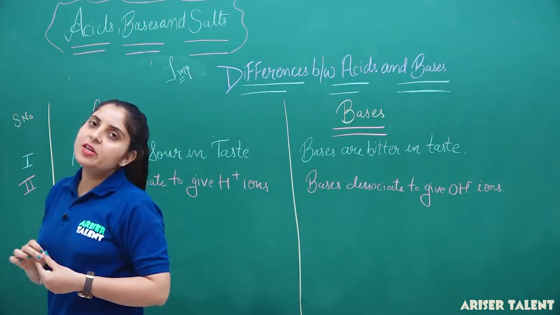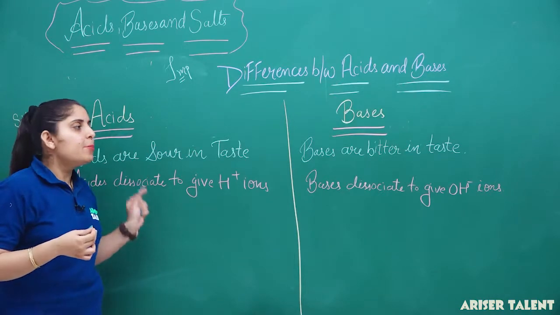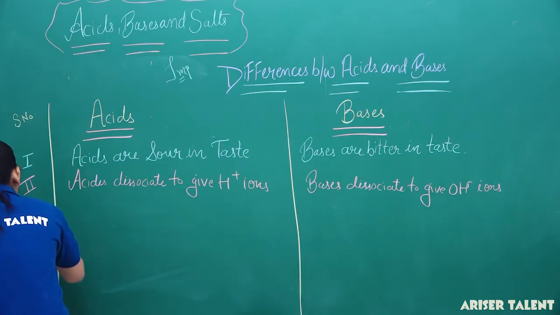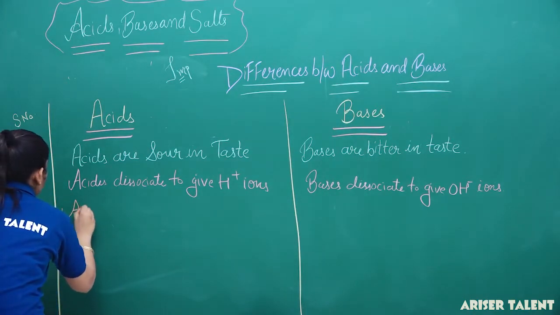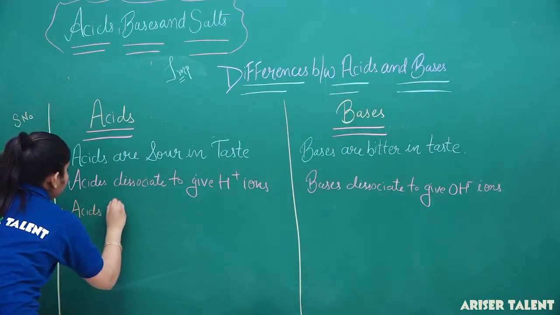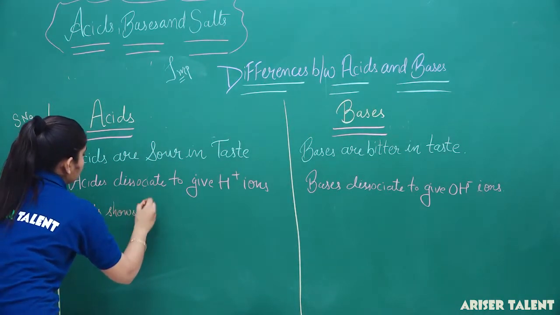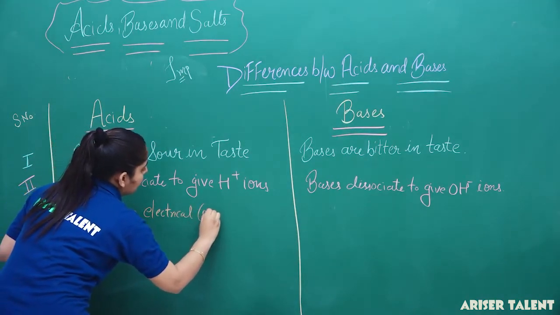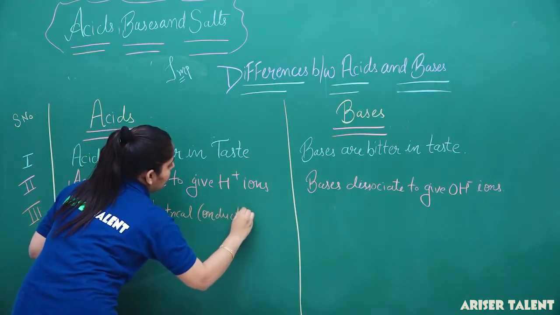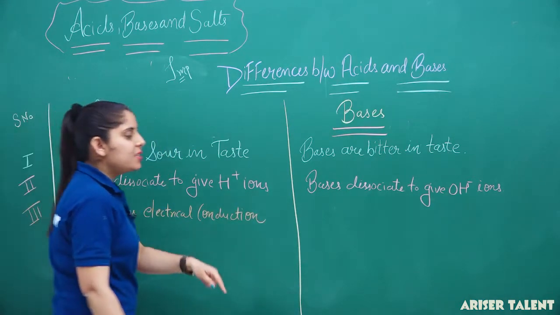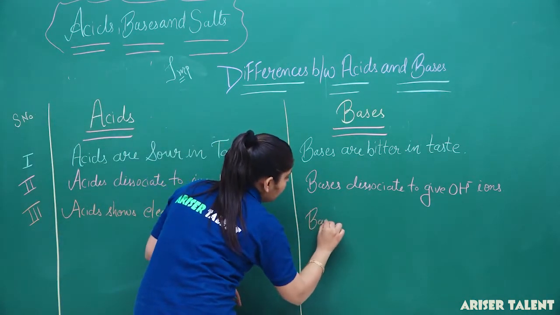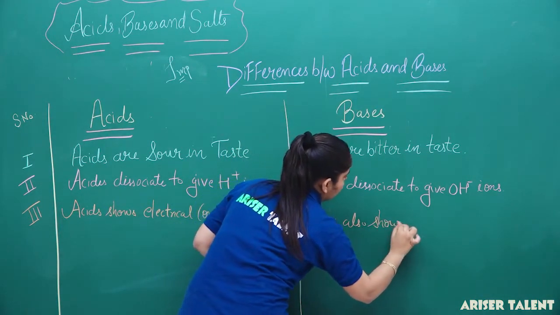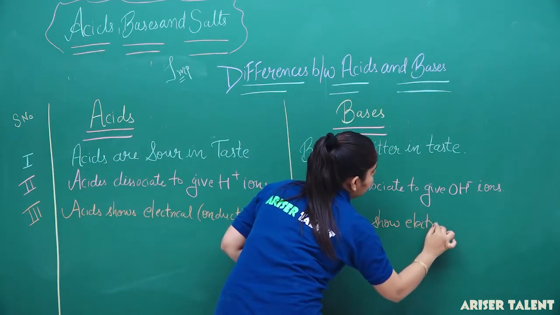Our next point to differentiate between acids and bases is that they both are going to show electrical conduction. So the third point is acids show electrical conduction, bases also show electrical conduction.